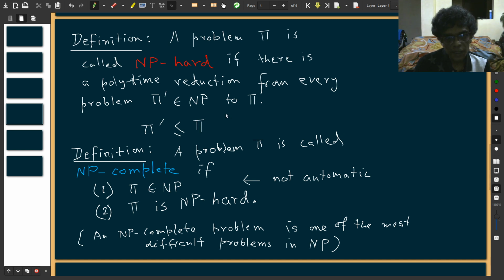But the complexity class P itself is already infinite. NP is a superset, possibly strict superset, but anyway it's a superset. This also contains infinitely many problems. So how can I supply a proof for each of these infinitely many problems to the specific problem pi? Apparently it seems very difficult.